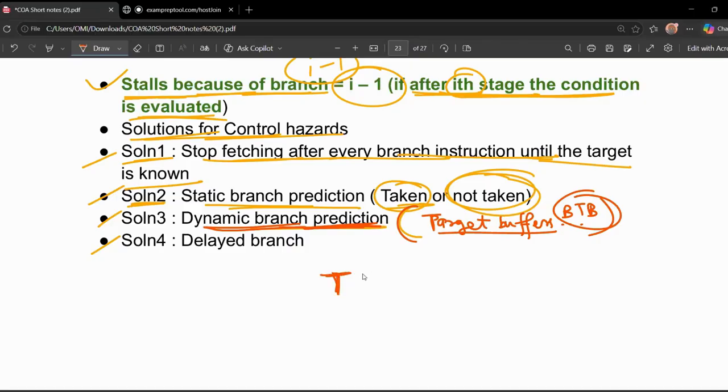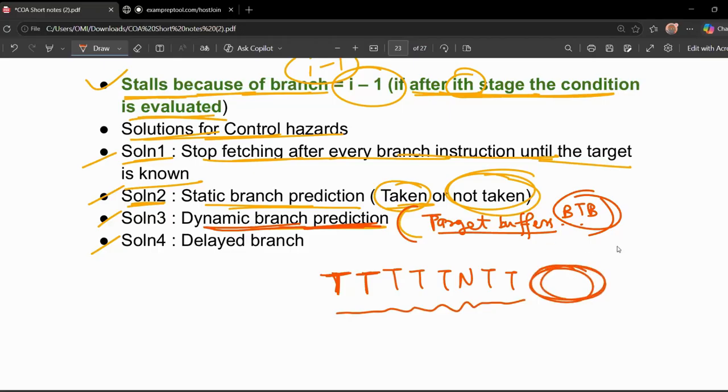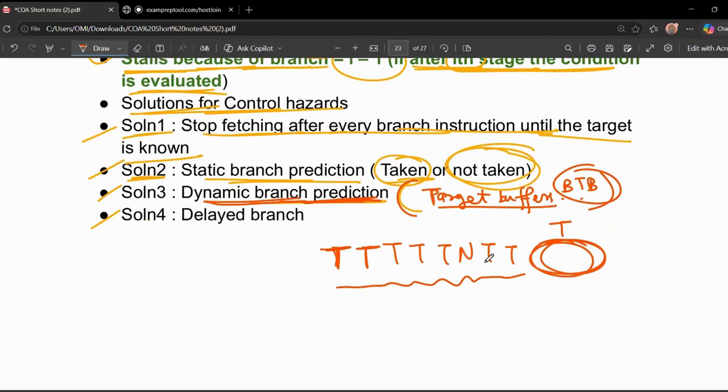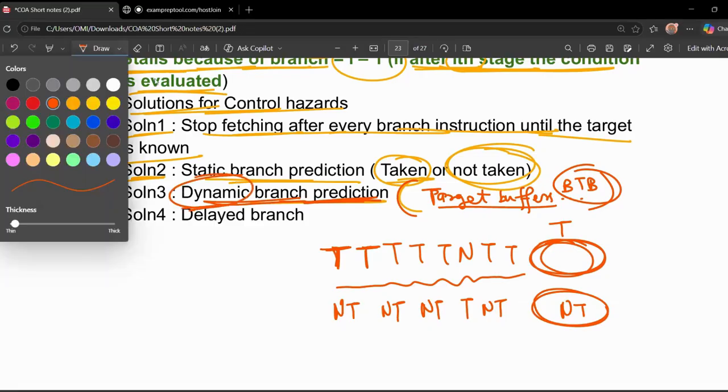If your branch was taken earlier, it will predict that this branch will also be taken. If the sequence was taken, not taken, then it will predict not taken. That's why it is dynamic.